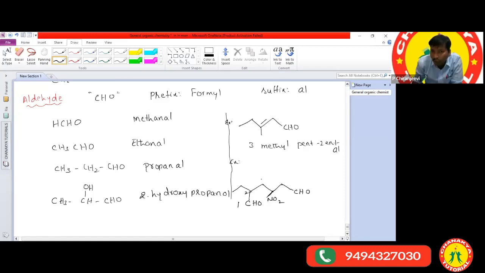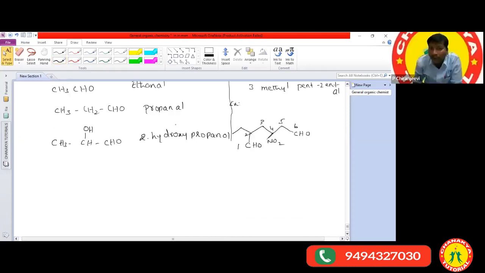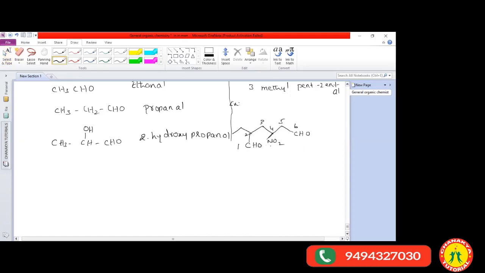1, 2, 3, 4, 5, 6. What are the substituents in this one? Ethyl and nitro group. If you see in alphabetical order, which will come first? Ethyl.